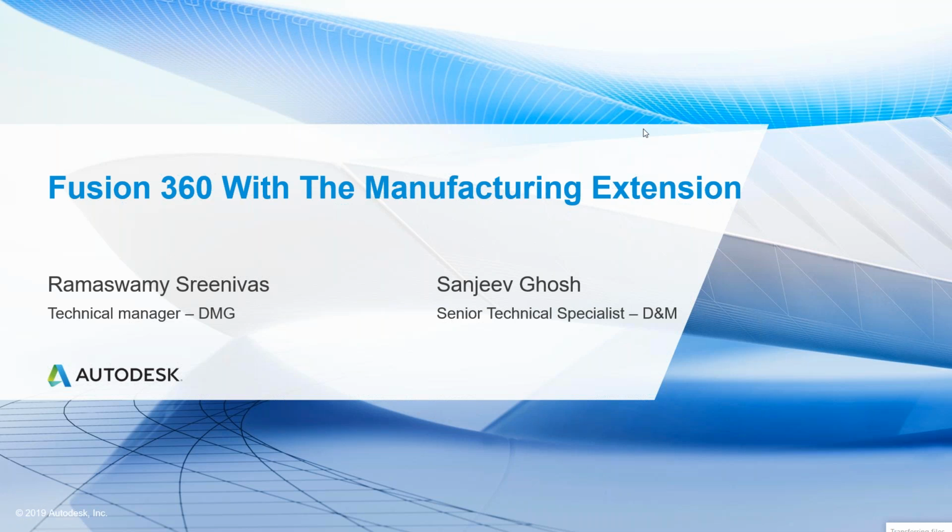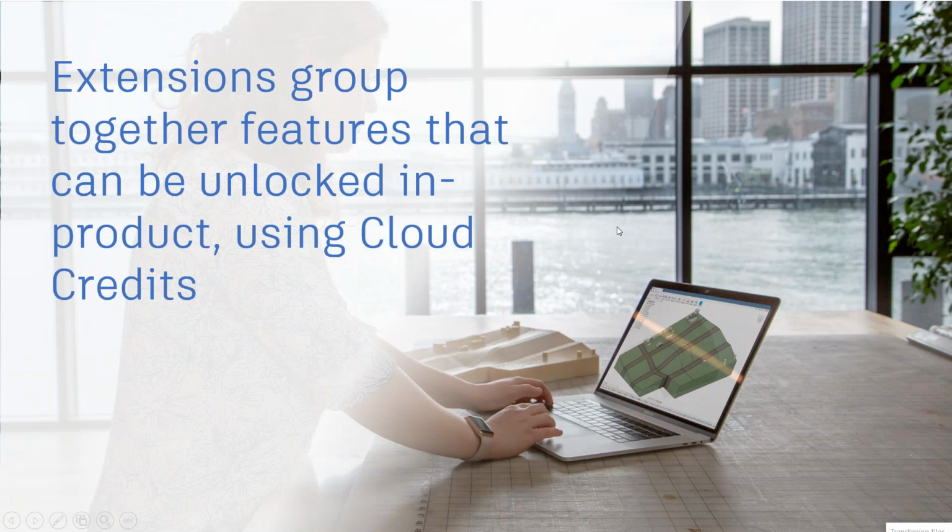How do you access them? Do you really need to buy additional software like FeatureCAM or PowerMill separately? Maybe what we are trying to do is give you the same capabilities right inside Fusion by giving access to the manufacturing extension. So let's look at what the manufacturing extension is all about.